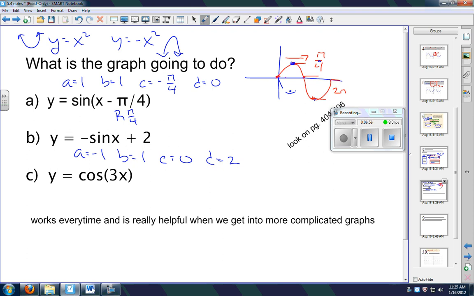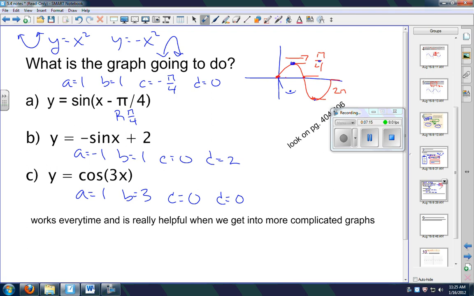Last one here, cosine of 3x. A is a 1, so it's still going to have the same amplitude. B is a 3, and we'll come back to that in a second. C is a 0, so we're not going anywhere left and right. And D is a 0, so we're going nowhere up and down either.